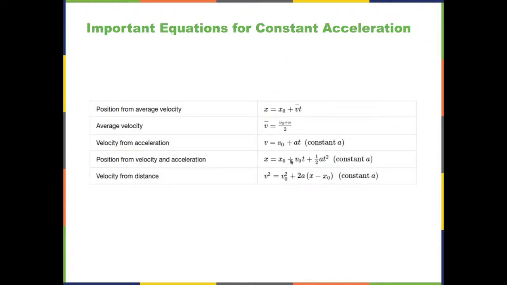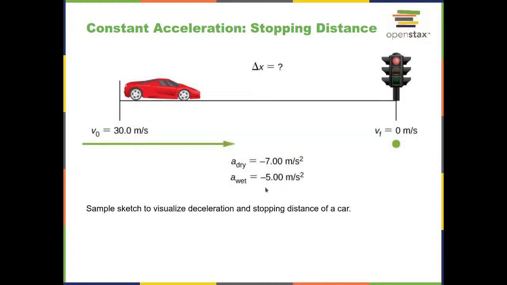This is where that last formula will play a role, because it doesn't require that we know the time. We aren't asked for the time, so we can use the formula that doesn't require that we determine the time. So we'll start with that on Wednesday, a problem similar to this, and then we'll continue from there.